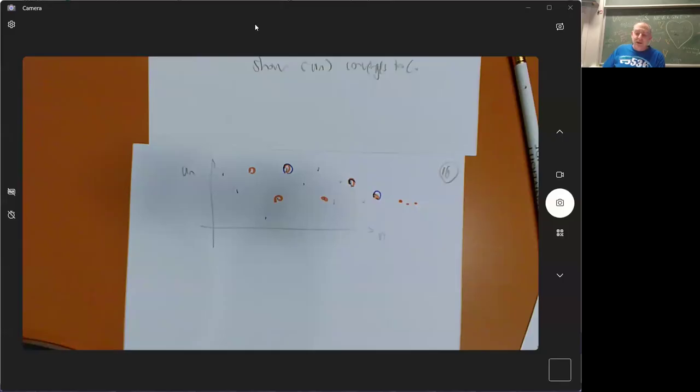Well, we do know that a_n itself is a subsequence of a_n, and so therefore there is in fact at least one subsequence that does converge to C.